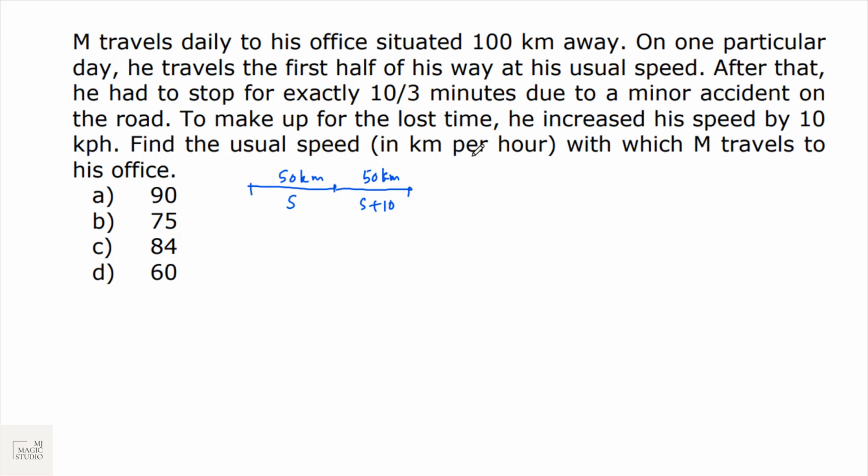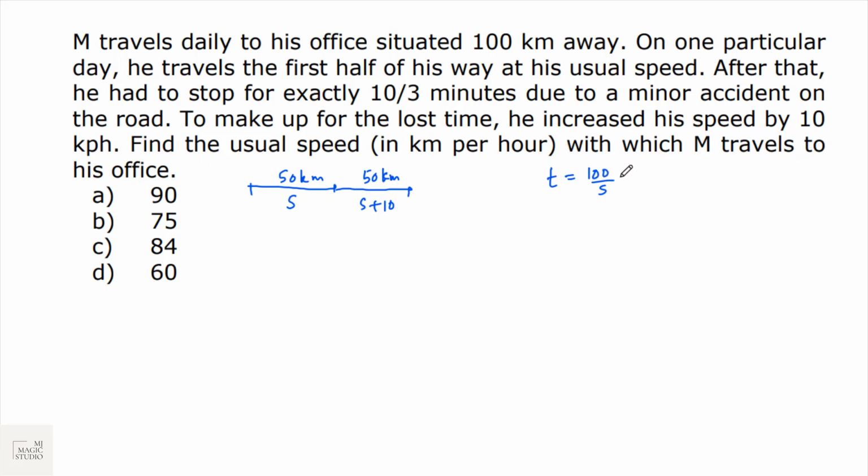Generally, he travels at a speed of S and the general time taken by him is 100 by S hours. Now the question is, find the usual speed in kilometer per hour with which M travels to his office.